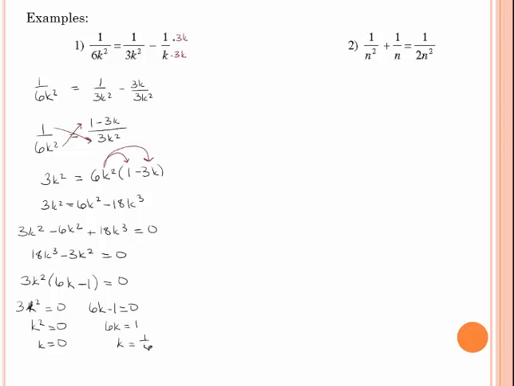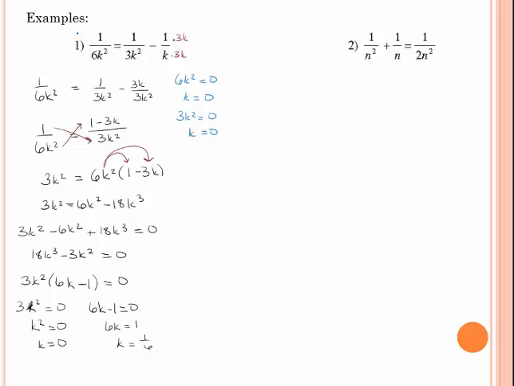Now, we need to double check our excluded values. And these are the values that k cannot equal. I have 6k squared and 3k squared in the denominators. So I set each of those equal to 0. If 6k squared equals 0, that would mean k equals 0. If 3k squared equals 0, that also means that k equals 0. So this is what k cannot equal.